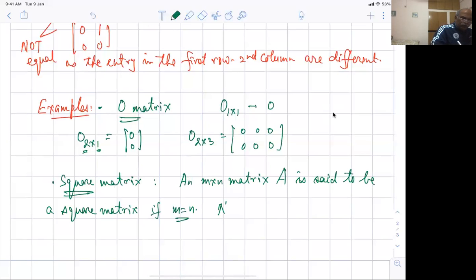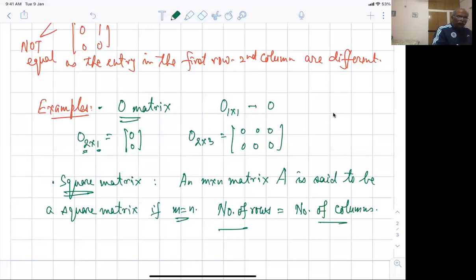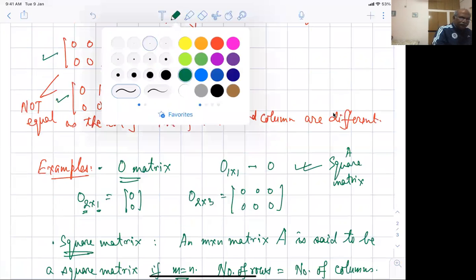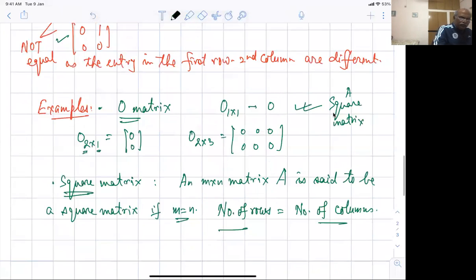So the number of rows is equal to the number of columns. Fine. Is it okay? So if you look at the above example, this is the only one which is a square matrix. Others are not square matrices here. But here I have got two square matrices. This is a square matrix. This is also a square matrix. Fine. So you have to be careful.